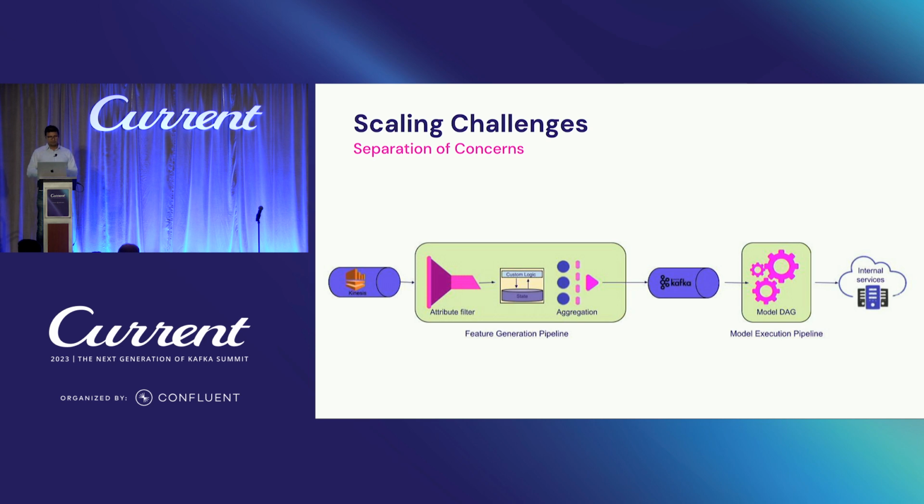And since you are publishing it to the Kafka topic, now you can have many more model execution pipelines, and if they want the same data, they can just hook up to the Kafka topic and ingest it. And this one is having a PubSub method. So the model execution pipeline does not have to worry about where they are getting the data from, they just need to know the Kafka topic, and they just need to hook up to that one.